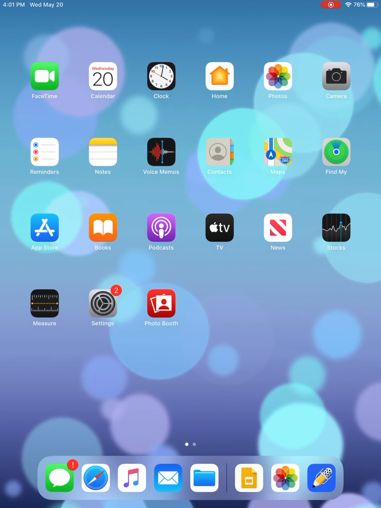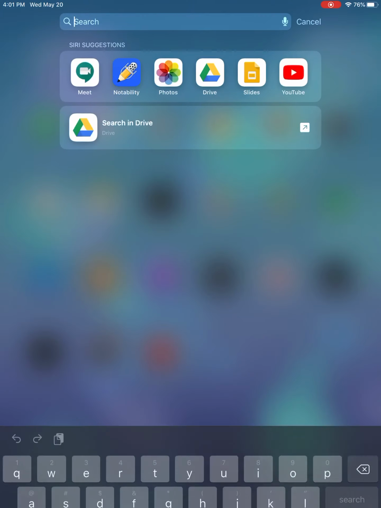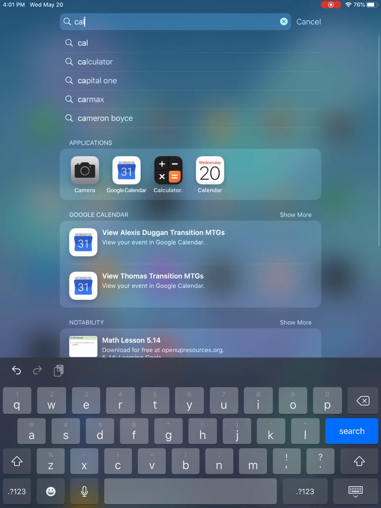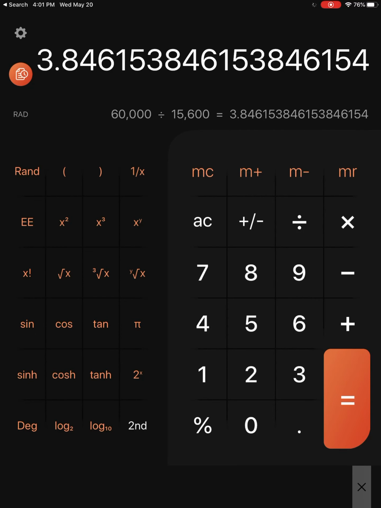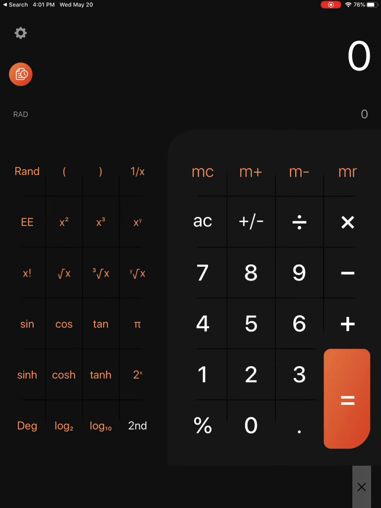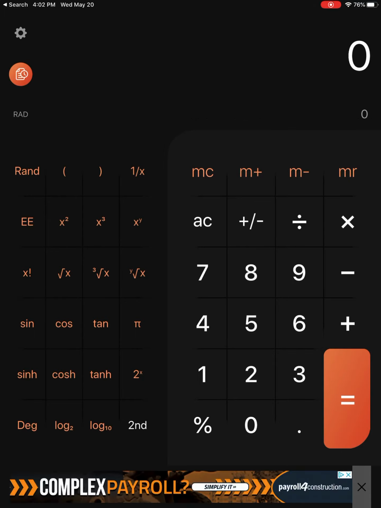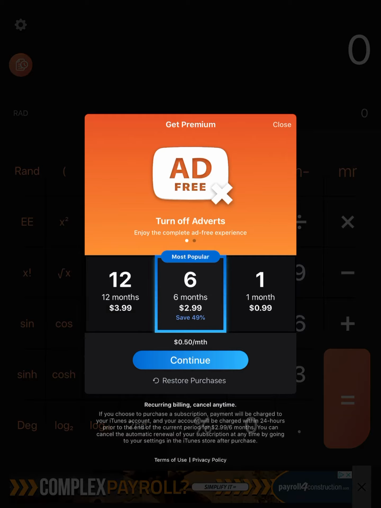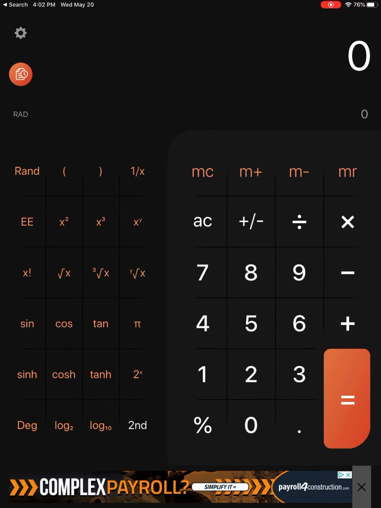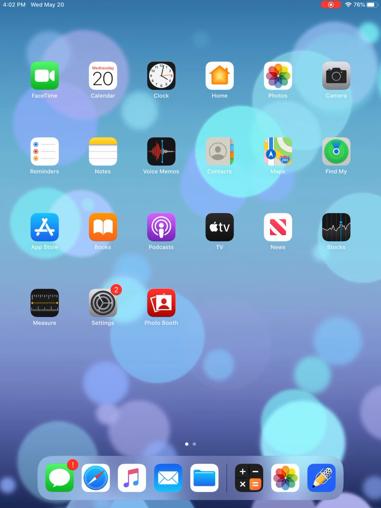Is there a calculator on this thing? Calculator. Okay. Please let there be pi. Is there a pi? Okay, there's pi. So here, we can do this. But now I've already forgotten the numbers that we're doing.